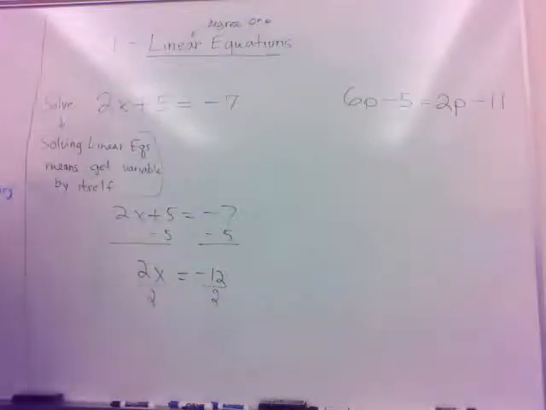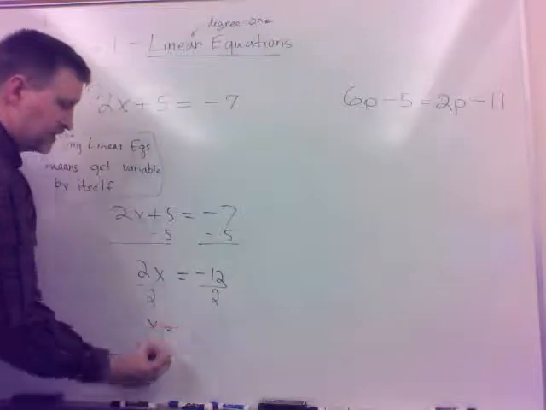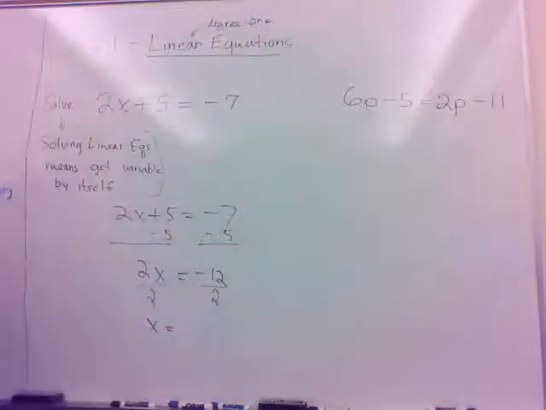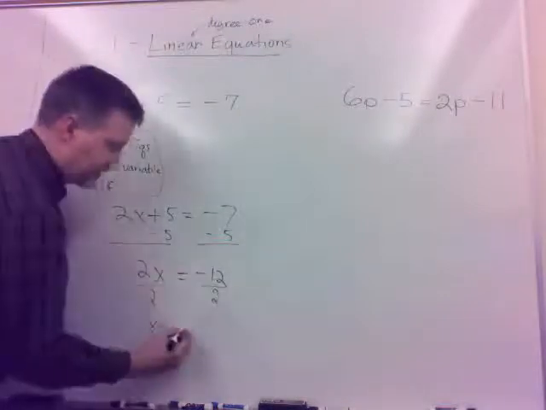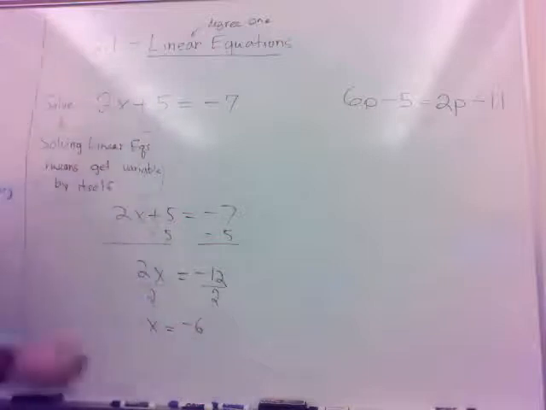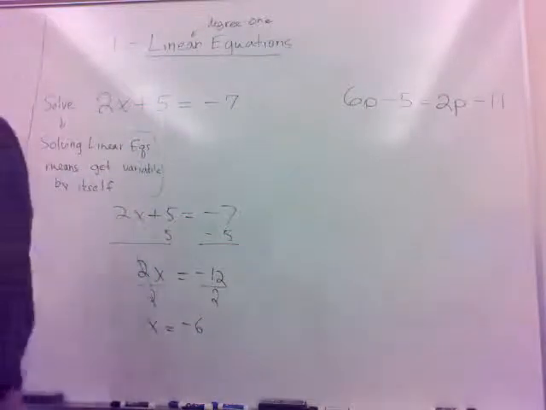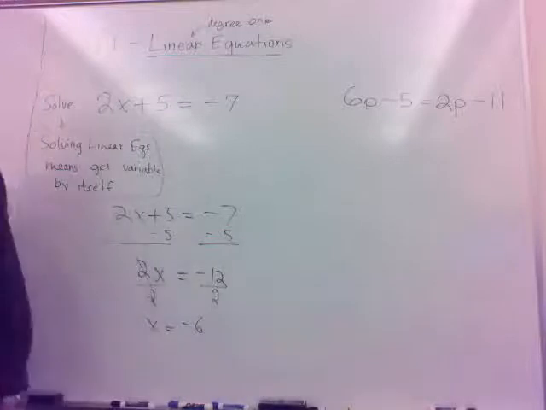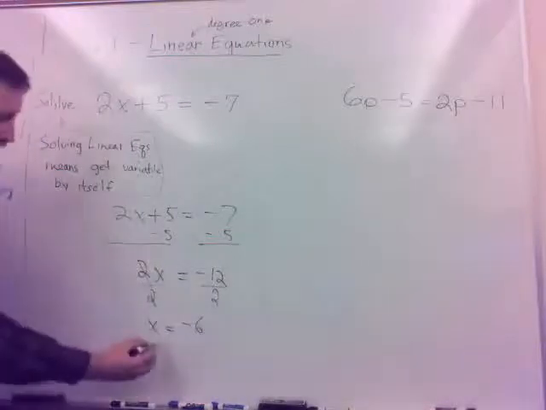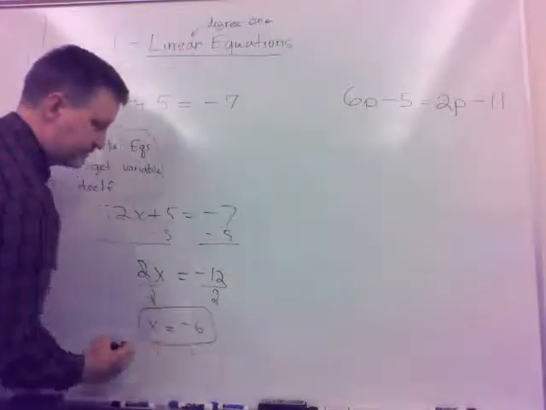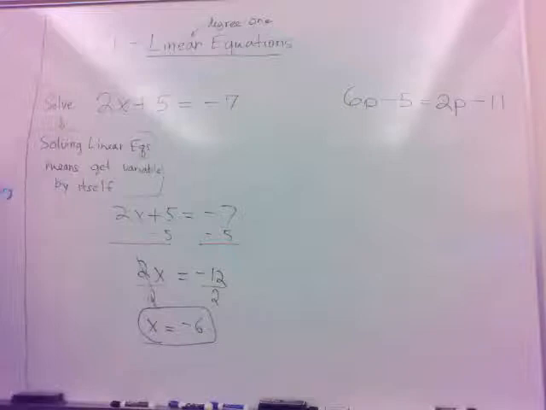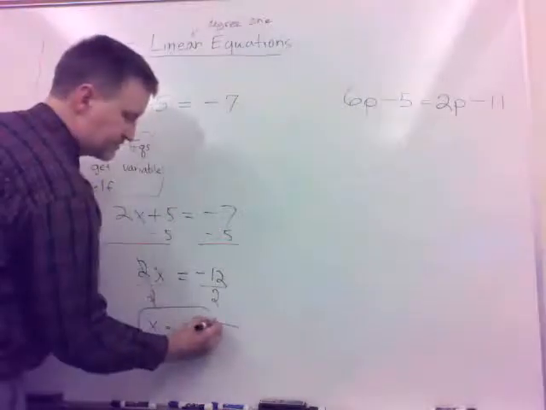That gives us x equals negative 12 divided by 2, which is negative 6, because those 2's cancel out, and our solution then is negative 6. That's our answer, or the solution.